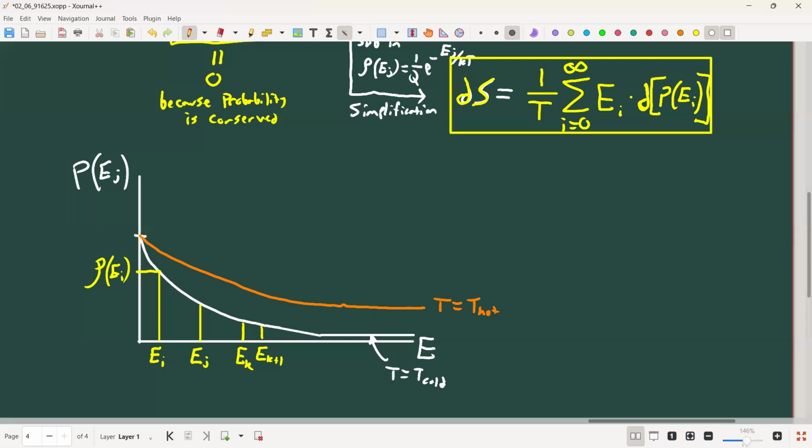Well, now I have a higher probability of finding all of these states than I did before, because now there's more energy, it's more biased in some sense towards the high energy wing. And so the probabilities have all increased. So I can draw little lines here to connect. This one is increased by this much, this one this much, this one by this much, this one by this much.